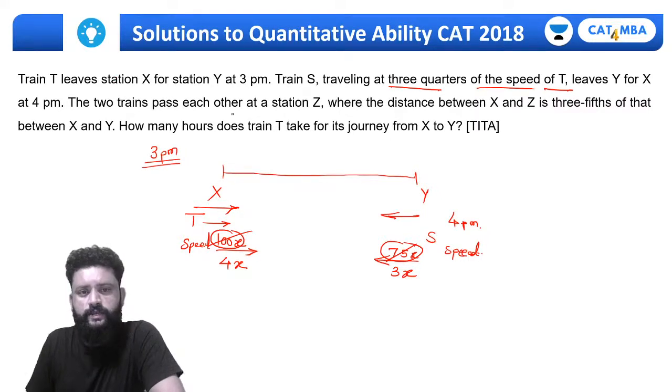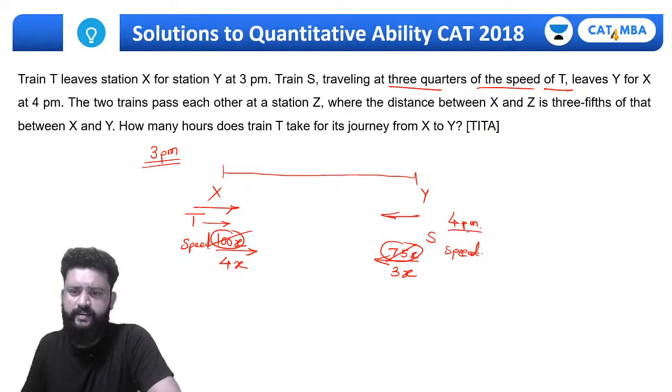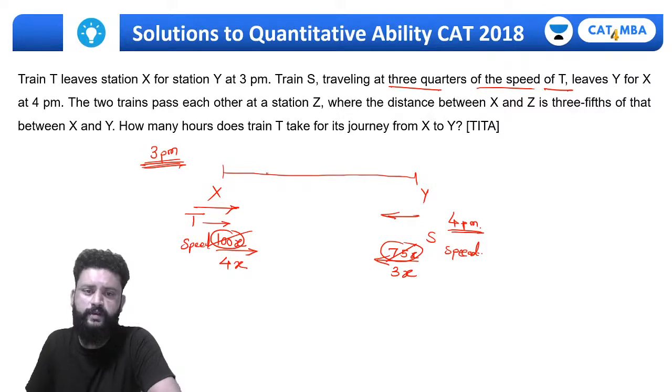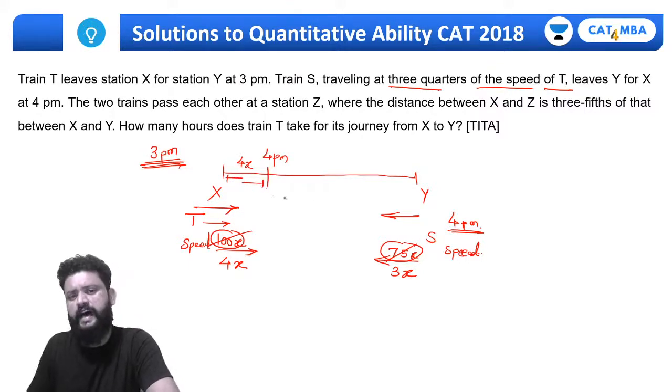Then the two trains pass each other, but the thing is this train started at 4 p.m. and this started at 3 p.m., so it is traveling at the speed of 4x km/h. So till 4 p.m. it will travel the distance of 4x. And let's say after 4 p.m. they meet after t hours.